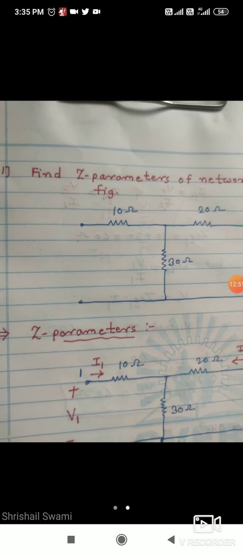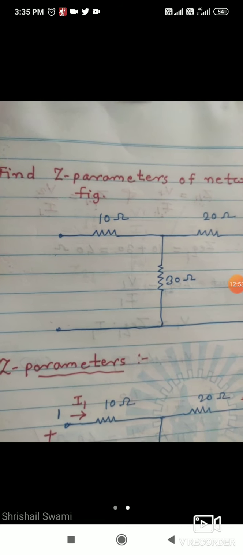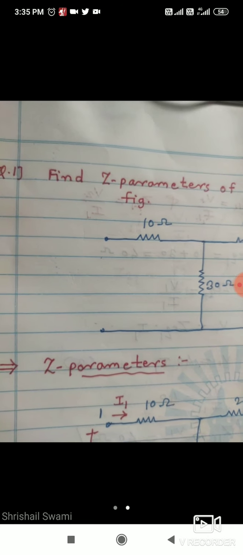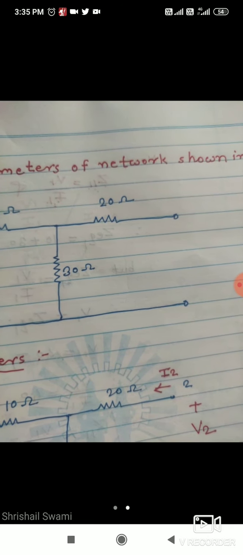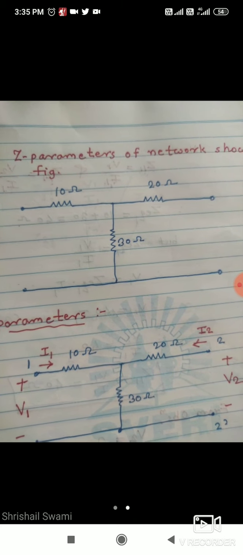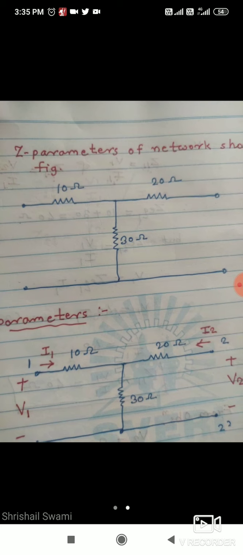Now first of all we will solve a very simple problem and then we will solve the difficult problem. Okay. So the question is: find Z parameters of a given network shown in figure. So carefully observe the circuit and note down. I will give 2 minutes.